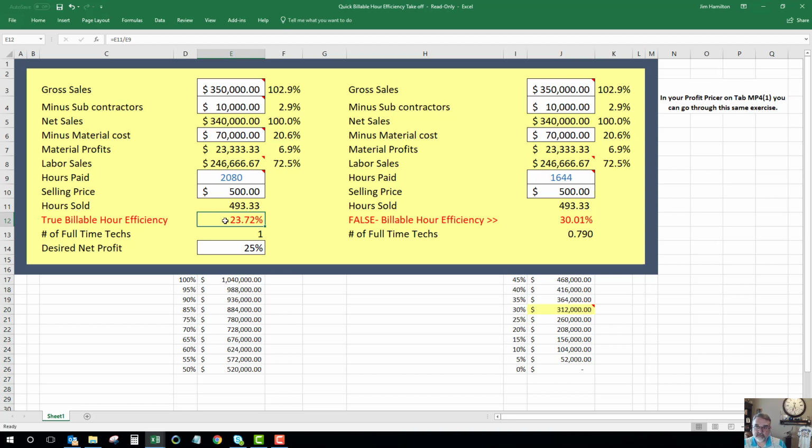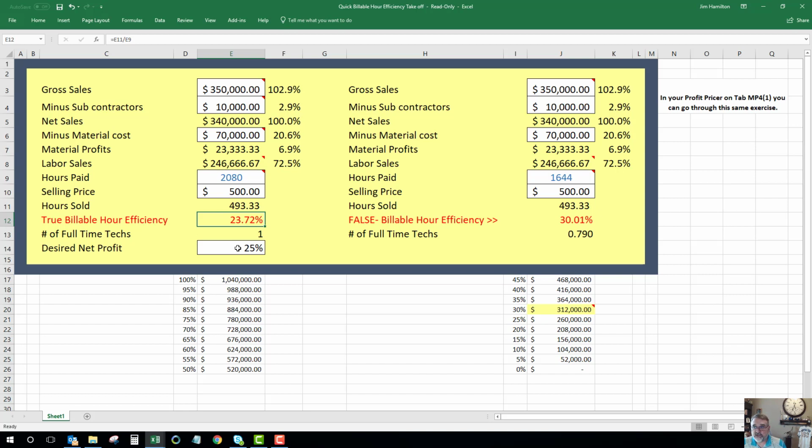We're going to start tracking this. You got to start tracking your hours sold. And you need to track your hours paid anyway. You've got payroll, so that's an easy thing to track. To find out what your true billable hour efficiency is. Because if you don't have the true billable hour efficiency in the MP4 tab, this is in the MP41 tab, but you got to set up your efficiency in the MP4 tab that dictates what your selling price is going to be.